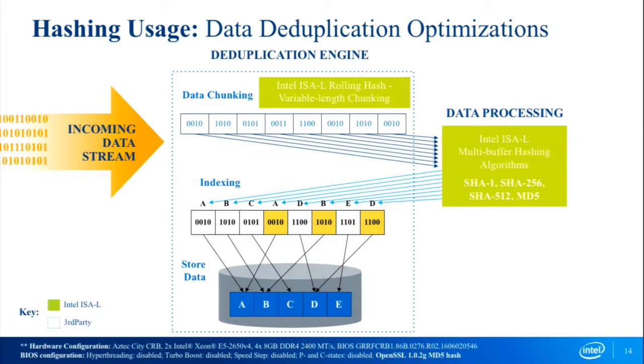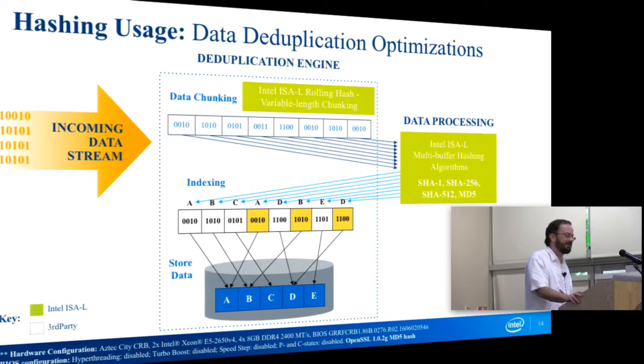Another good feature of this multi-buffer hash is we have a built-in scheduler. So if you submit hash jobs with variable lengths, they get fit together like a Tetris problem, so it keeps all the lanes full all the time.